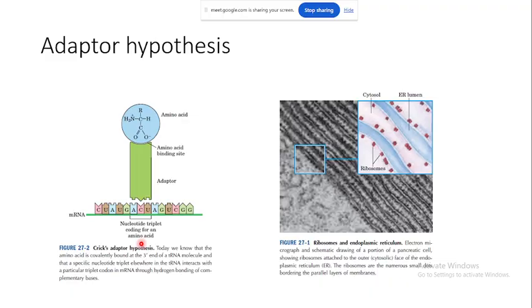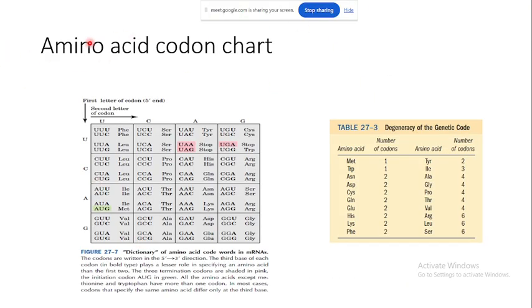So this is the amino acid codon chart. You can see that this chart gives information on all possible nucleotide triplets which act as codons, and what they encode.